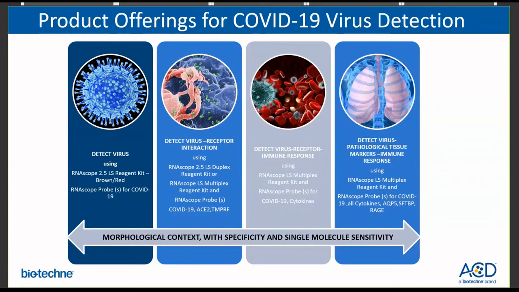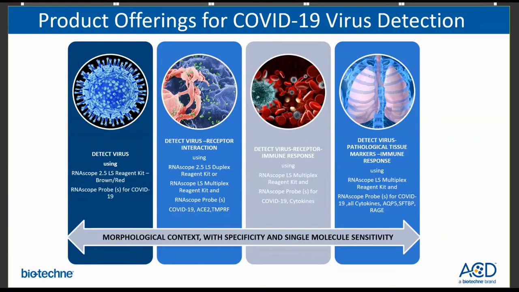In addition, we all know that COVID-19 infection has been associated with a cytokine storm. And so using our multiplex format, you can also look at the receptor immune response post-infection.